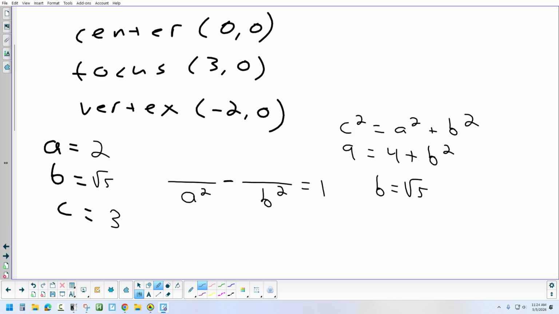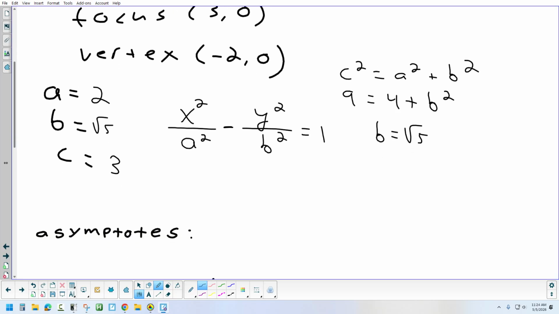X. We want the X positive. X squared, Y squared. Now fill in A and B, and you'll have your formula. So we've got X squared over 4 minus Y squared over 5.